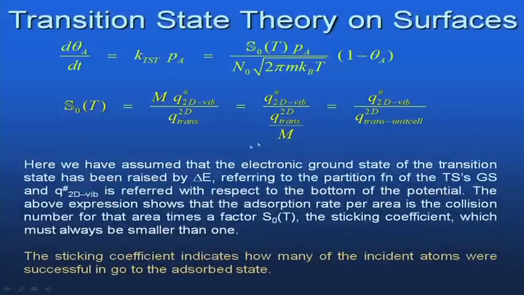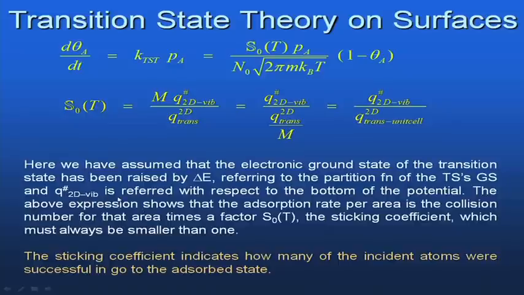So, here what we have done, we have assumed that the electronic ground state of the transition state has been raised by delta E, okay, and we are referring to this to the partition function of the transition state's ground state, that is transition state has got the lowest level. So, that we are referring to, and q double dagger 2D vibration is referred with respect to the bottom of the potential, okay.